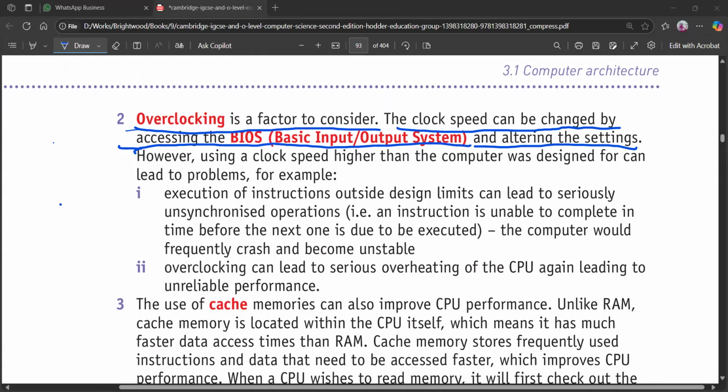You see, with the BIOS, it can change the overall computer.